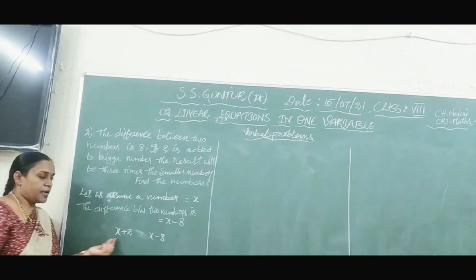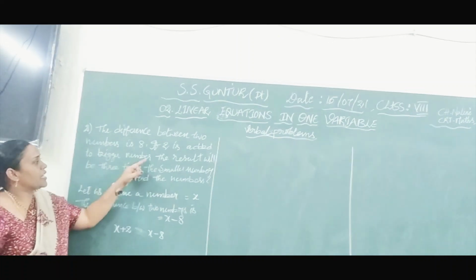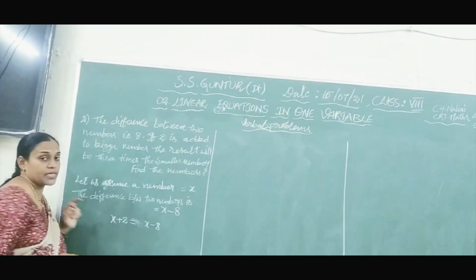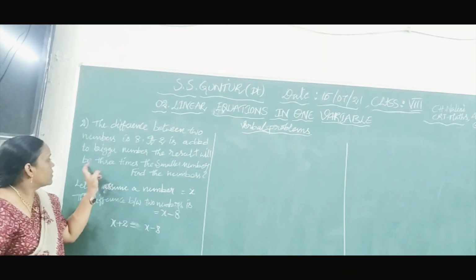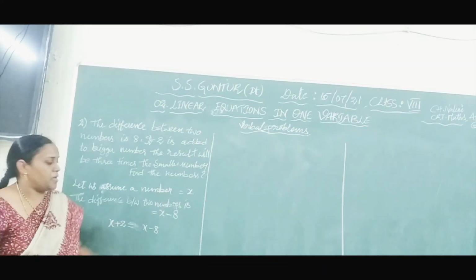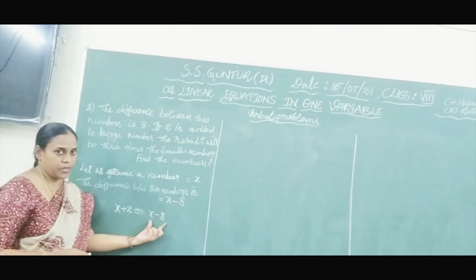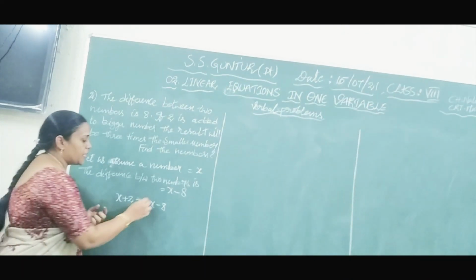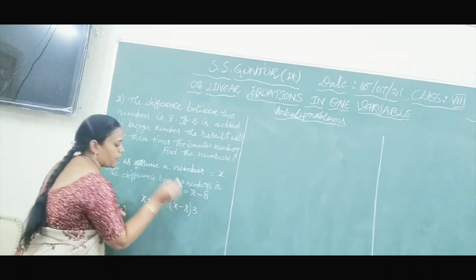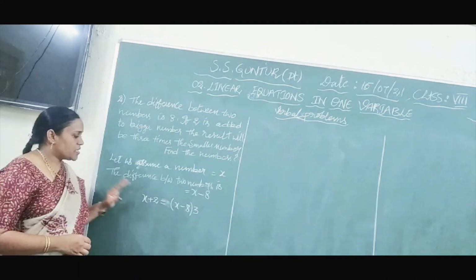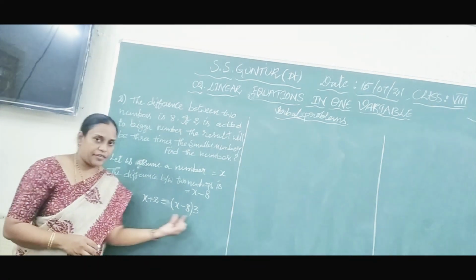The result will be equal to 3 times the smaller number. First, you have to write this equation carefully. Read the problem and write this.